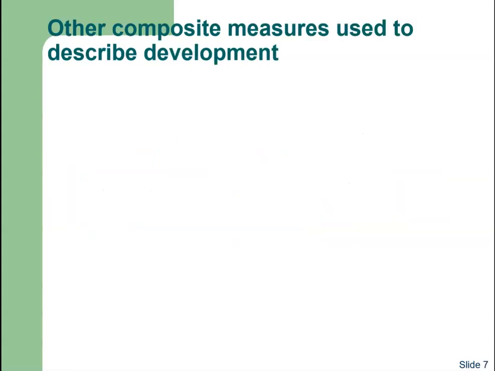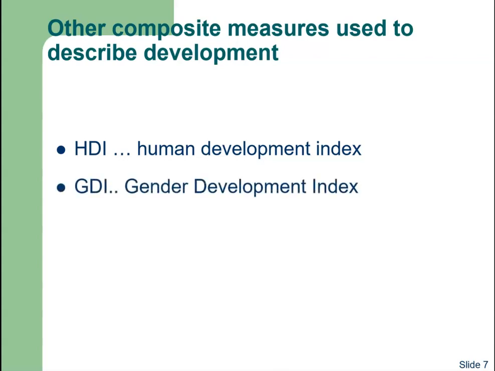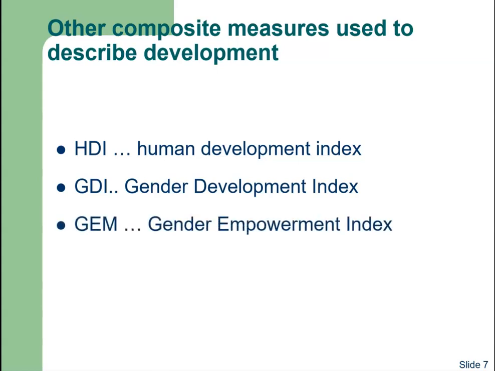There are some other composite measures used to describe development, and one of them is HDI, that is Human Development Index. Another is the Gender Development Index. One is the Gender Empowerment Index, and there is the Human Poverty Index. So we will discuss these one by one.